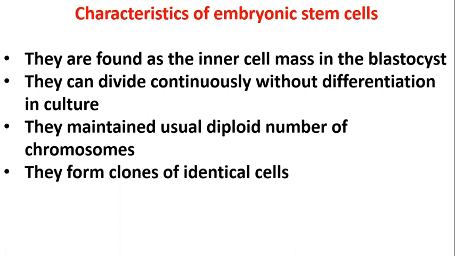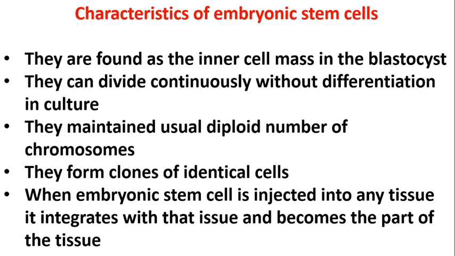Then the next one, they form clones, masses of identical cells. Then the next one, when an embryonic stem cell is injected into any tissue, it integrates with that tissue and becomes part of that tissue. These are a few characteristics of stem cells.